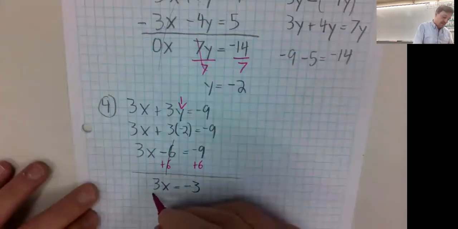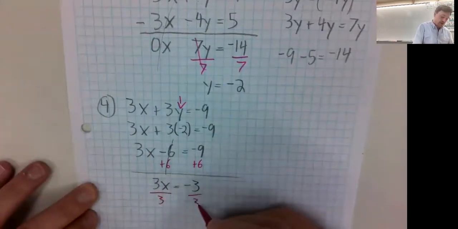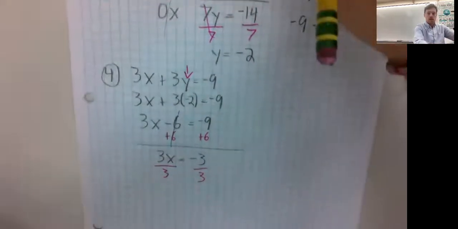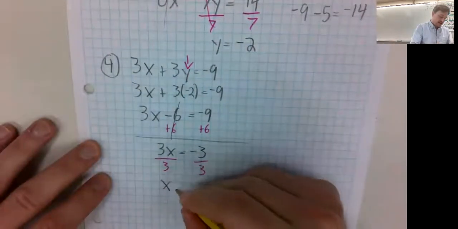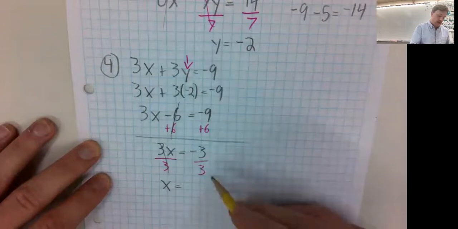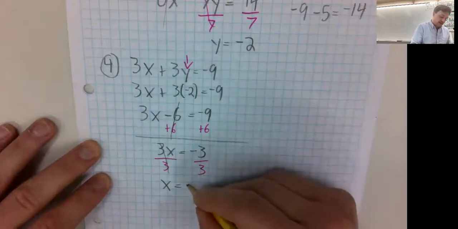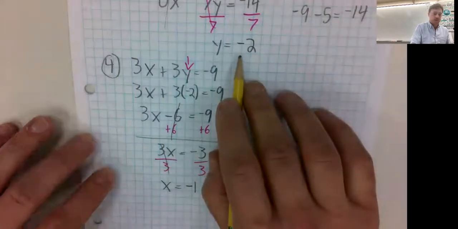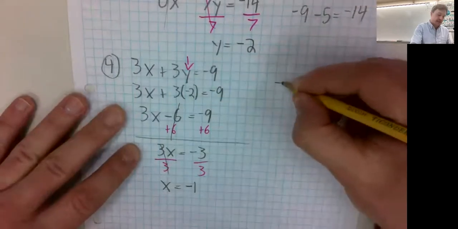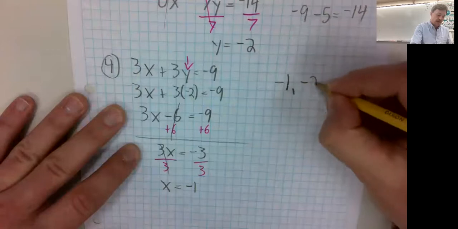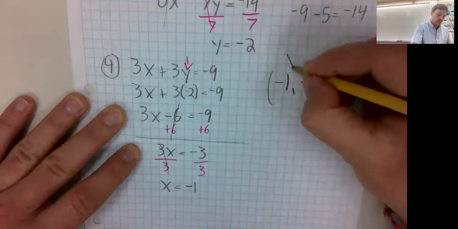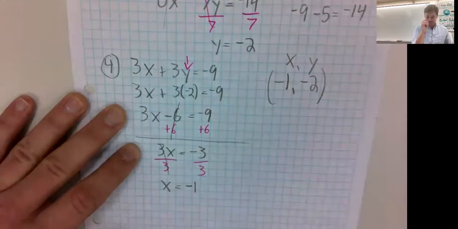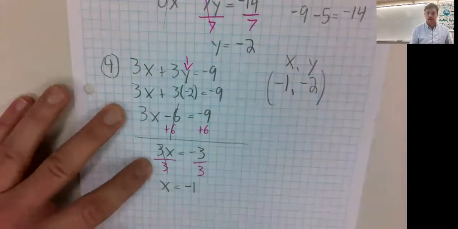And the last step, I'm going to divide by 3, divide by 3. x equals negative 3 divided by positive 3 is negative 1. There's my value for x. There's my value for y. So my solution is negative 1, negative 2, because remember, I do x, then y. Negative 1, negative 2. That's all I got.